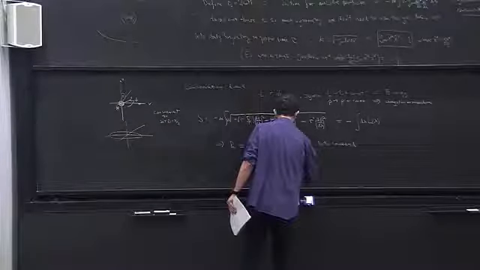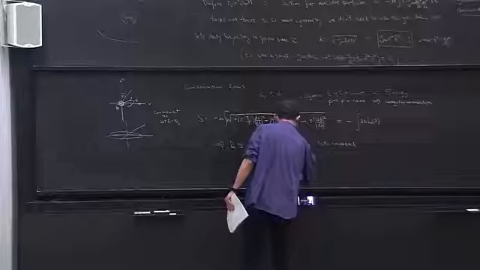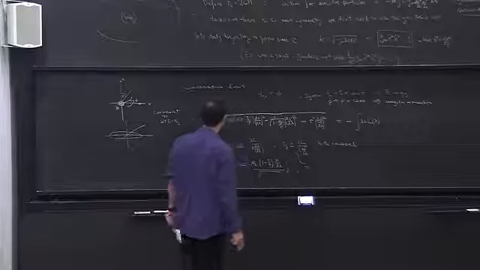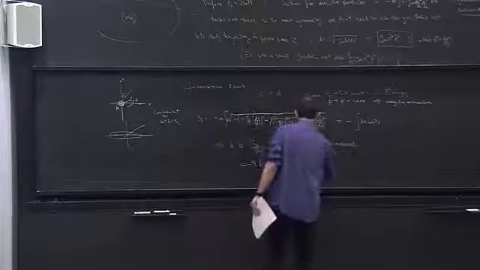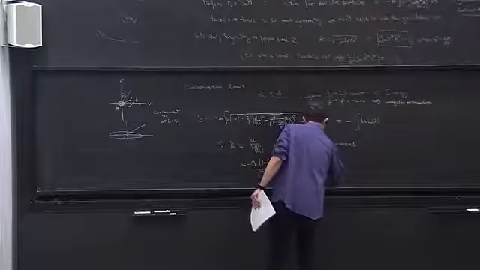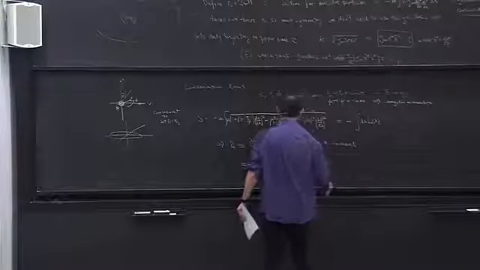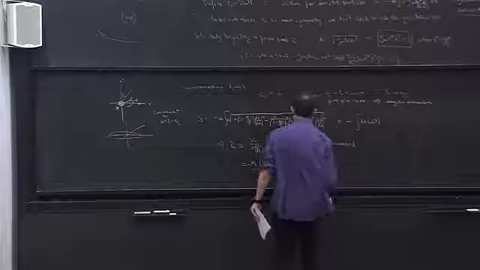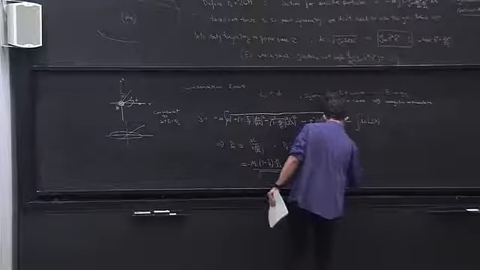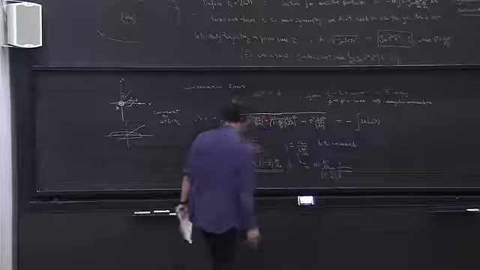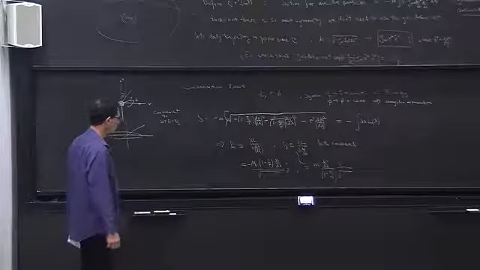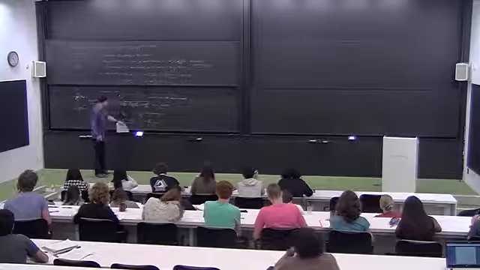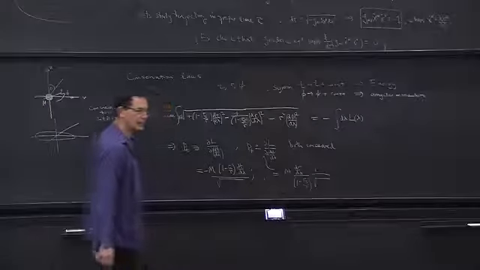And likewise for p phi, I do the same thing here, I get m r squared d phi d lambda times 1 over the square root. Now, remembering the definition of d tau, you see this square root just converts the d lambda into d tau.